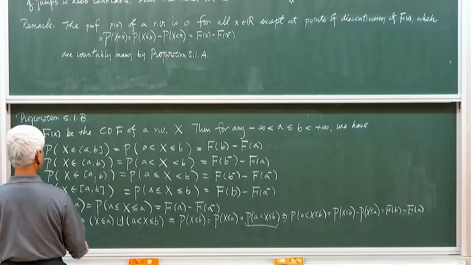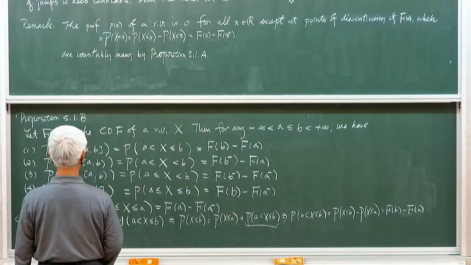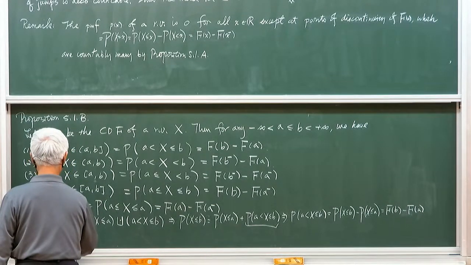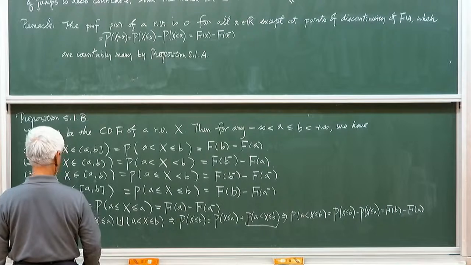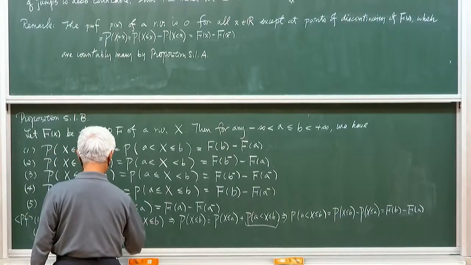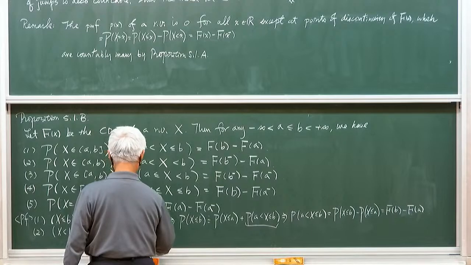Second, the event X less than b is equal to X less than or equal to a, disjoint union a less than X less than b.